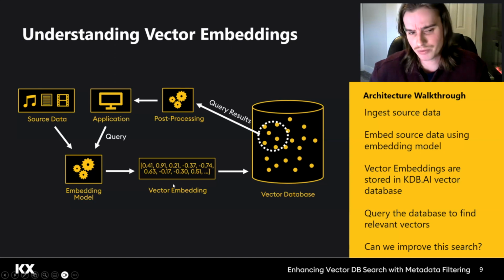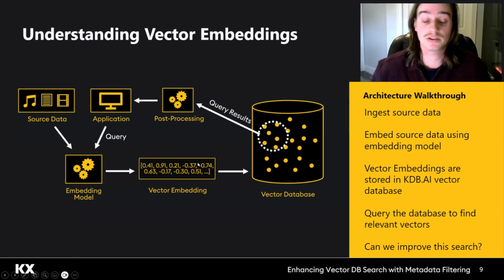And why would we want to represent our source data in this way? Well, the reason is that numbers are easily machine readable, unlike natural language or raw images. When we represent them as a vector embedding, a computer can easily understand these. And not only that, but the way this information is embedded, context of the original source data is stored within these numbers.